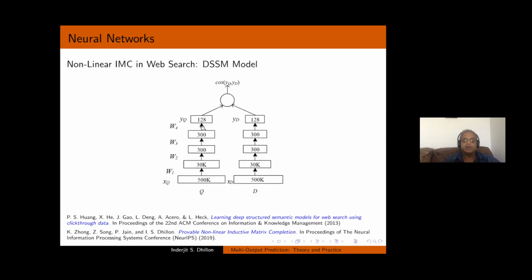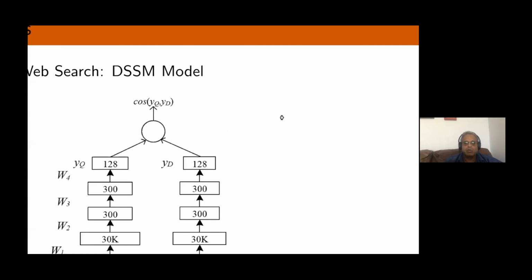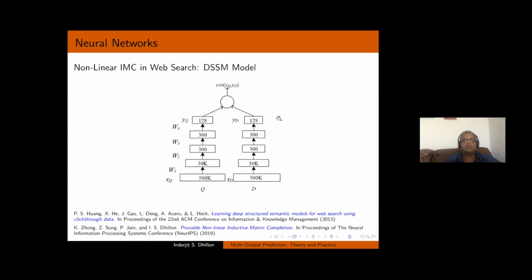Here you have multiple layers as in a multi-layer perceptron, and multiple layers over here. You get low dimensional embeddings at the end, and then from the final layer, you may compute, let's say, either a cosine measure or an inner product to get the relevance of query Q with document D. And if you look at it, it's actually just an inductive matrix completion method.